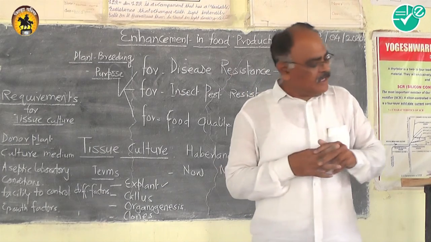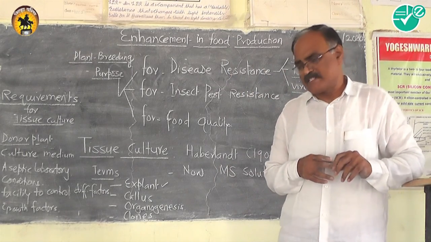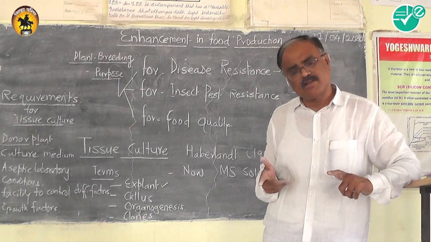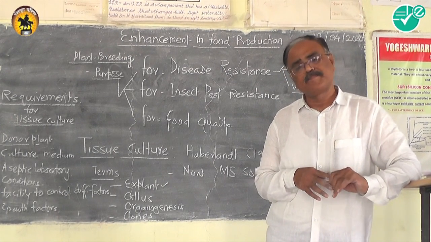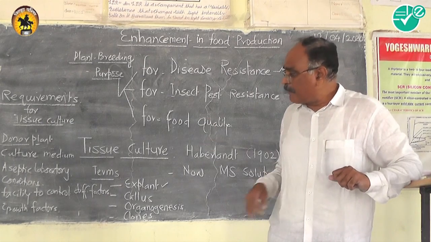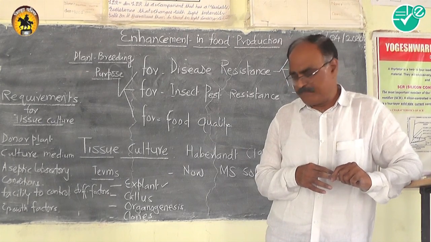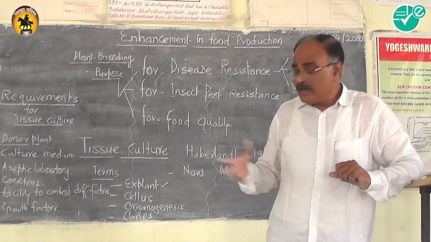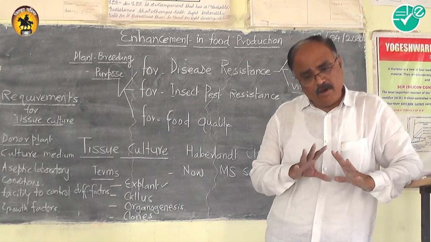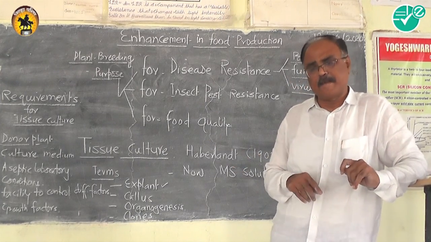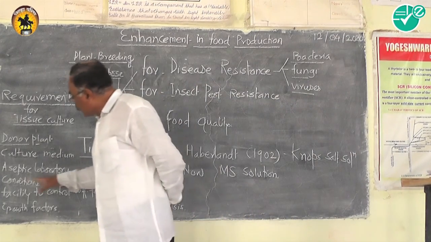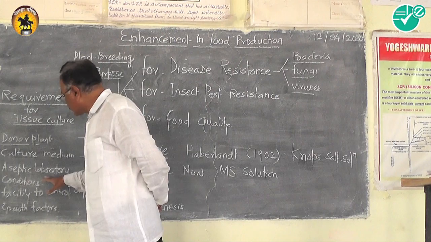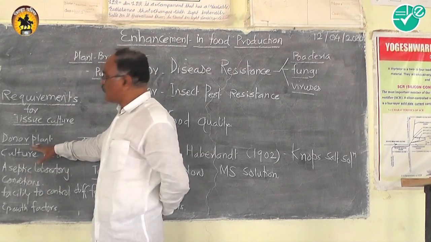Here sterilization may take place. Sterilization of what? Sterilization of the various utensils we are using in this experiment. All should get sterilized: the utensils as well as the medium and the explant.